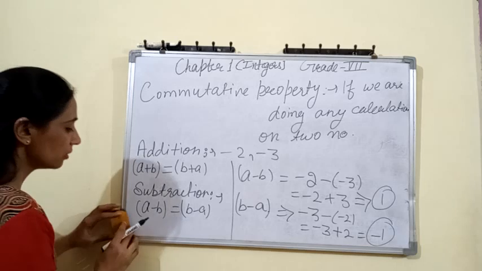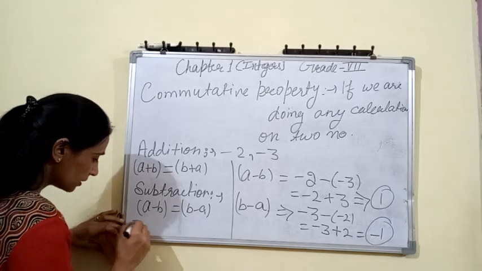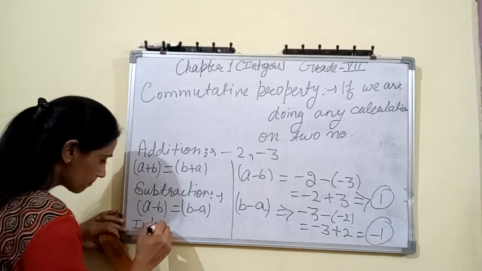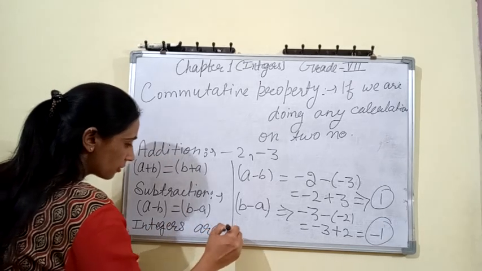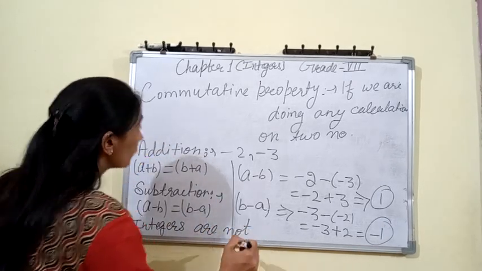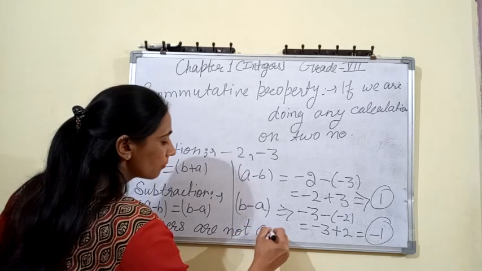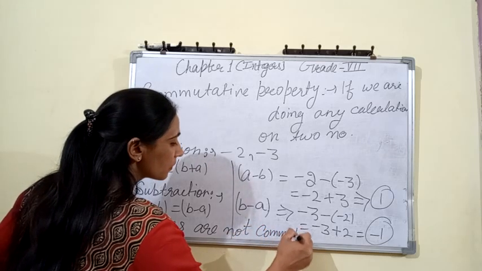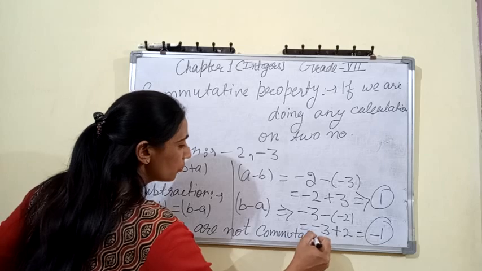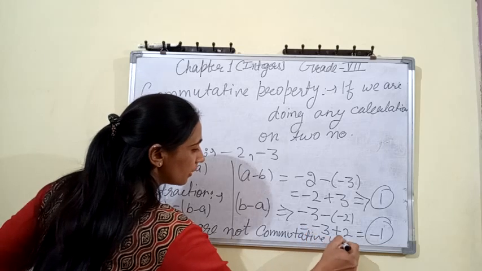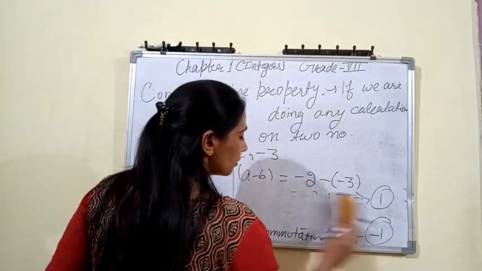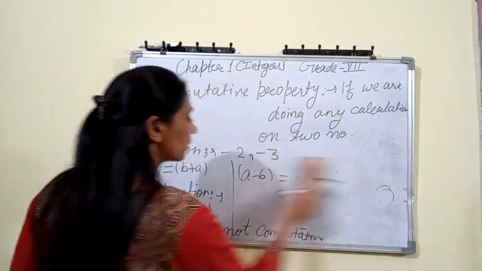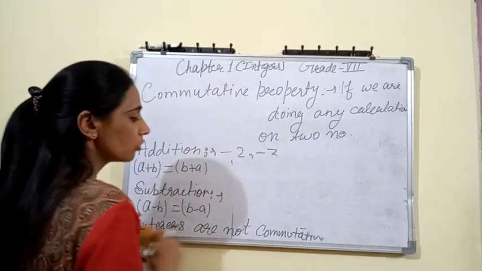What we will write here? We will write here integers are not commutative under subtraction. But in addition, integers are commutative, but in subtraction, integers are not commutative.